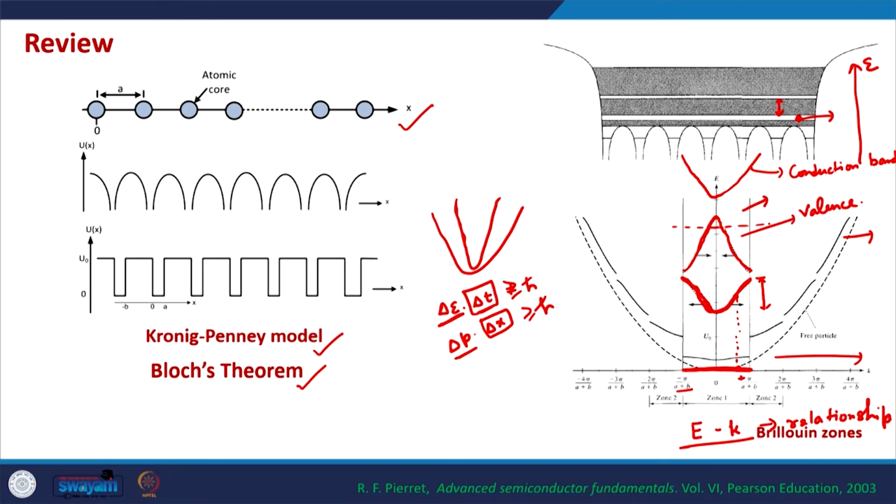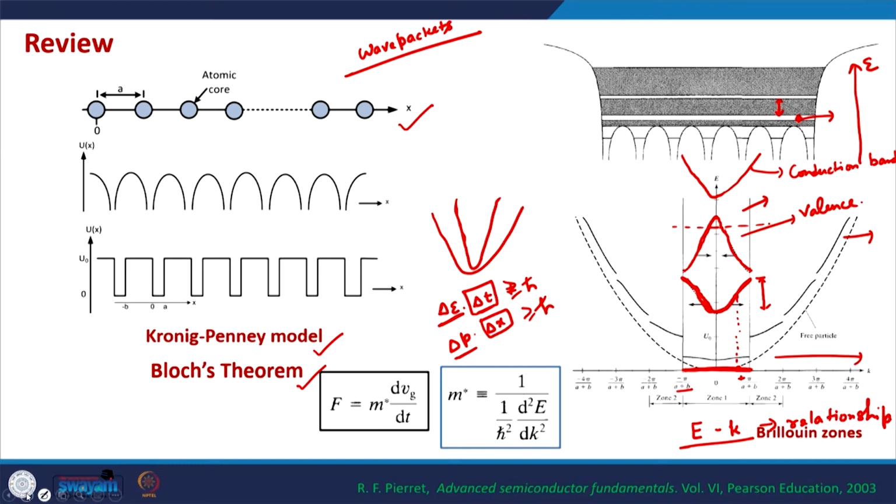So, that is why we need to deal with wave packets in our devices, and as soon as we deal with the notion of wave packets, this is the equation that we obtain. We obtain a relationship between an applied force and a parameter m star and Vg, where Vg is the group velocity of the wave packet.